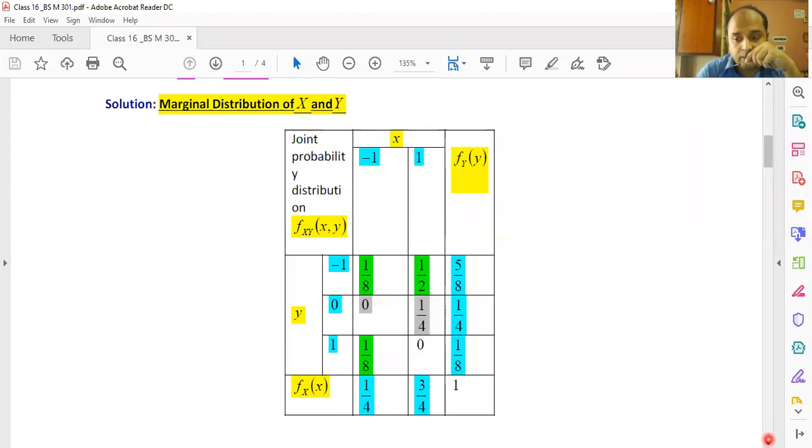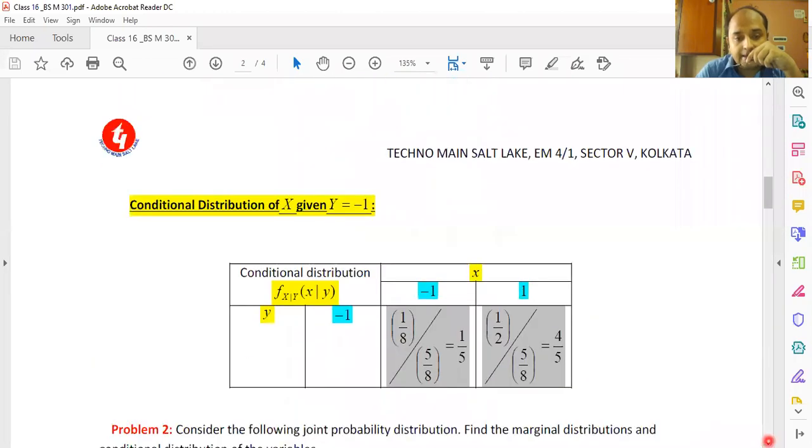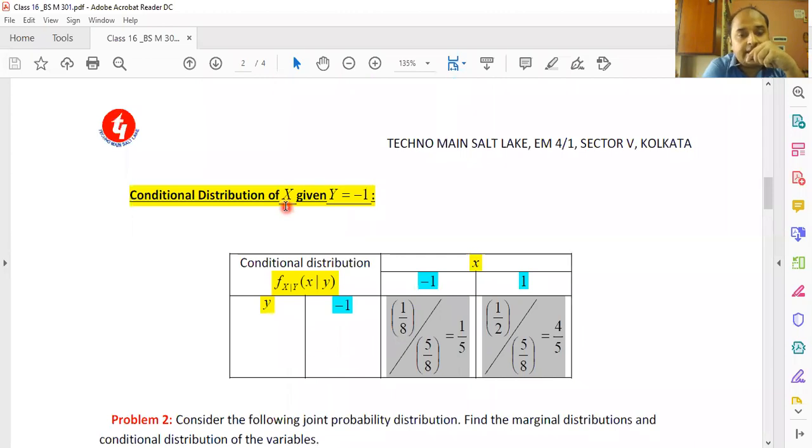Our next job is to find the conditional distribution of the random variable X given that capital Y takes the value -1. Now you see, to prepare this particular chart, we have retained the random variable capital X with its possible values -1 and +1.